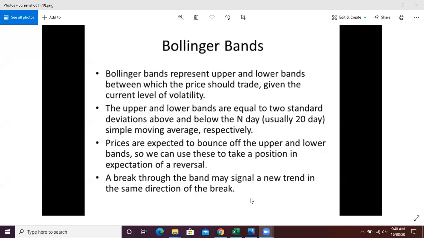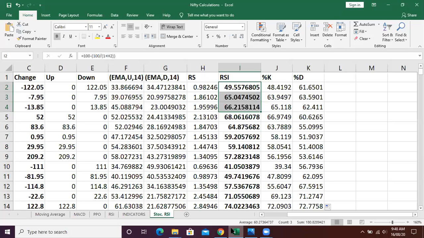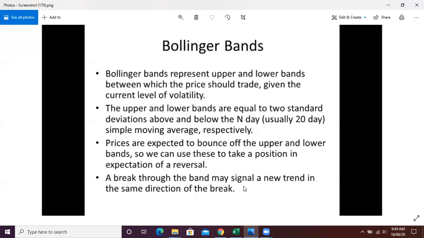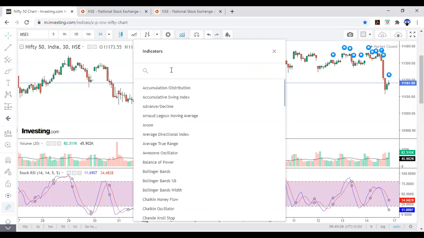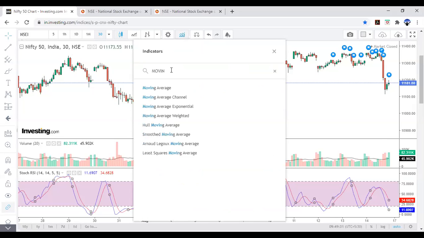Now let's take it on the chart and show you all the indicators we have learned till today and how you can use them. The first and very important is the moving average, which we require anytime you need to take any position; always remember that. Now entering the moving average here.